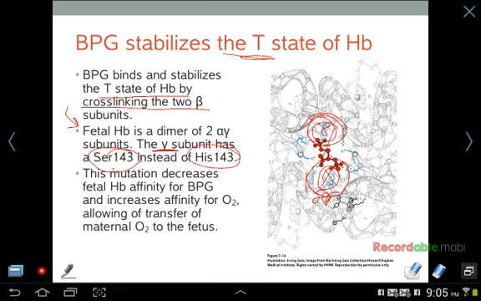And what this does is this makes fetal hemoglobin have a higher affinity for oxygen than maternal hemoglobin. So now oxygen is transferred from the mother to the fetus by the facilitation of this mutation to make gamma instead of beta subunits. That's pretty cool.